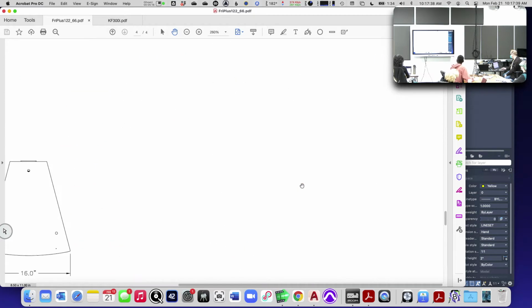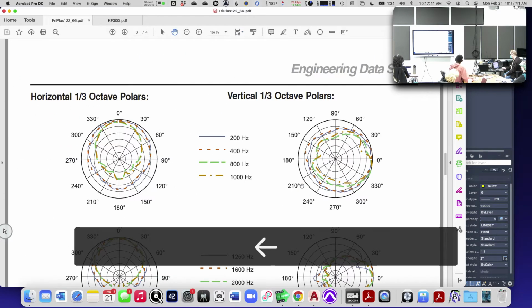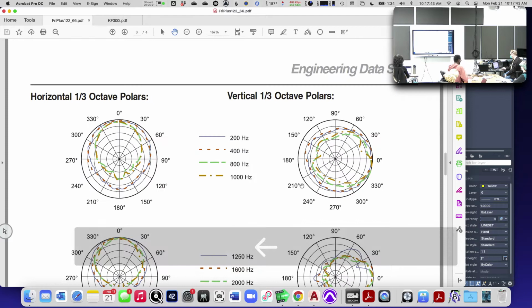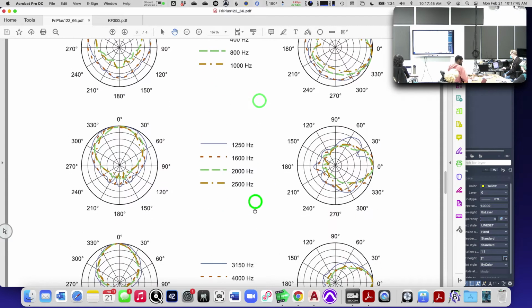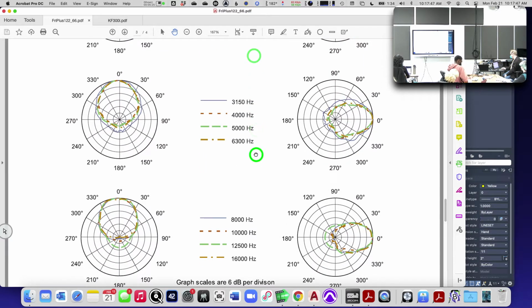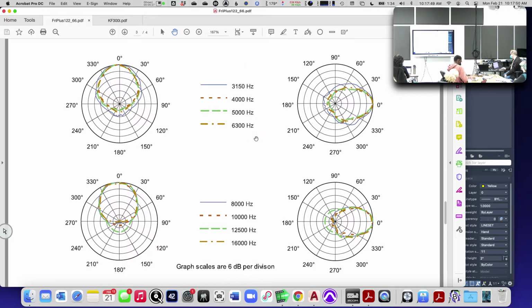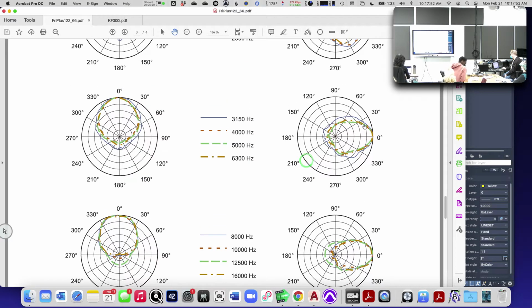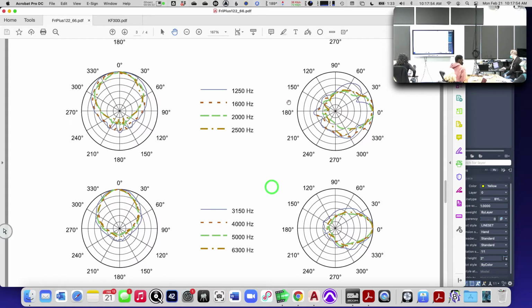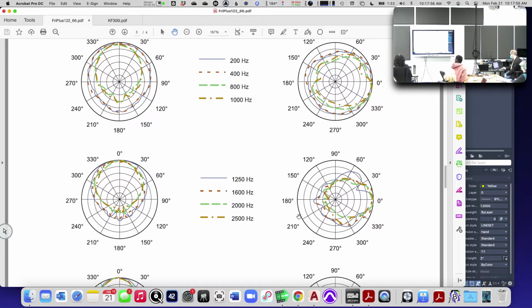So you've got vertical and you've got horizontal, all the way from 200 hertz up to 16 kilohertz. You can see it gets narrower and narrower, like you would expect. Generally speaking, when we think about that 60 by 60 thing, whatever they say in the spec sheet, the rule of thumb is that's probably 1 kilohertz.